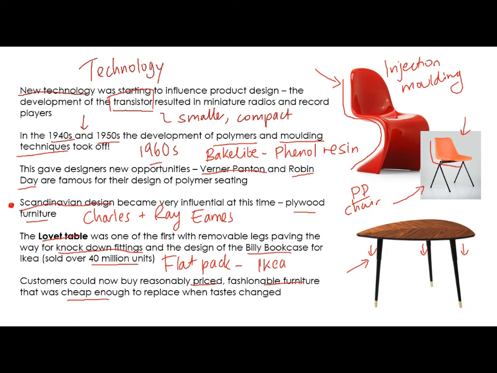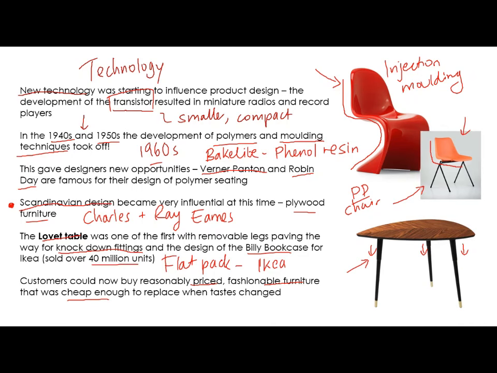Back in the 1920s, buying a piece of furniture was probably a once in a lifetime thing. You bought it, and it was passed down from generation to generation, but the design of these sorts of products meant that you could quite happily and easily change the furniture in your home for quite a low cost.